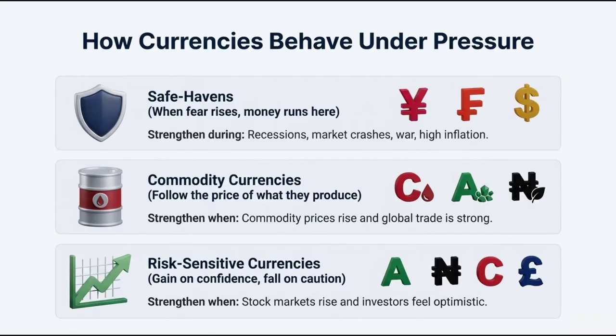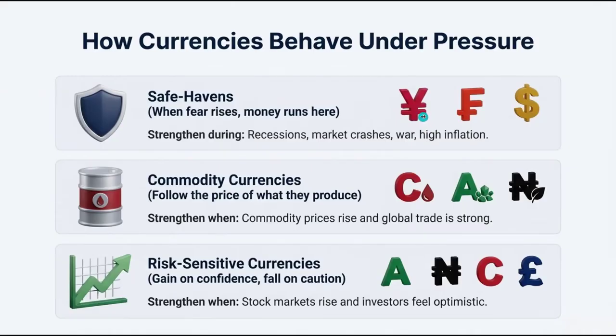These are the currencies that reserve our money anytime somebody gets nervous. Anytime the market is fearful or scared, this is where people run, hide, and place their coin. During recessions, market crashes, war, and high inflation, you're going to notice people start to go to these currencies.